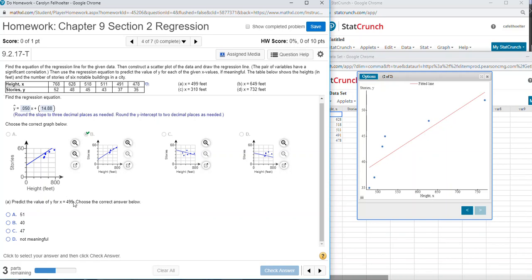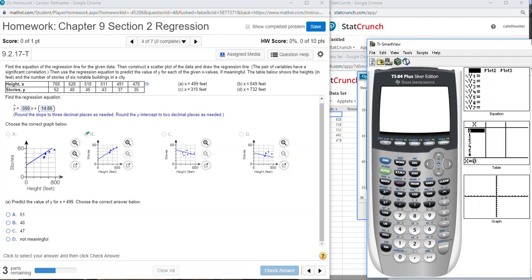So we're trying to plug in x, which is height. Using this height, we are trying to predict how many stories are going to be in the building. So this is simply plugging in 499 up here where x is, multiplying by 0.05, and then adding 14.8.